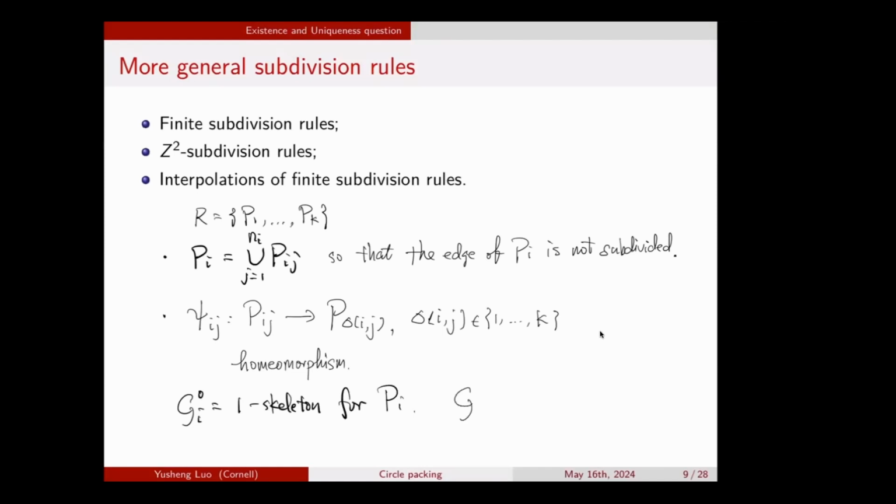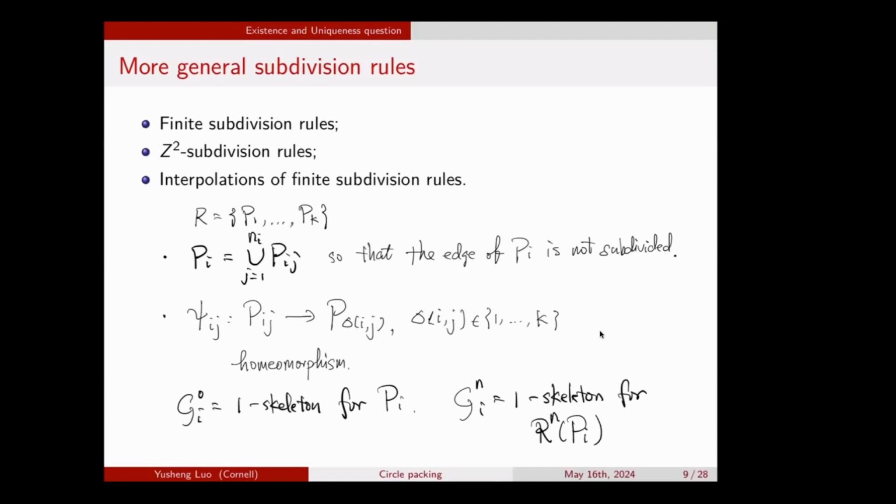And more generally, I'm going to set G of n of I to be the one skeleton for the nth subdivision of this polygon Pi.